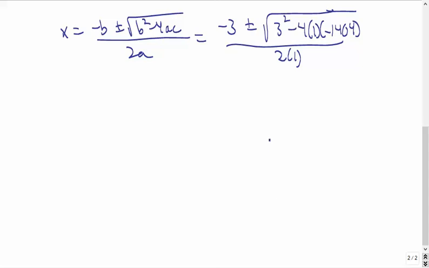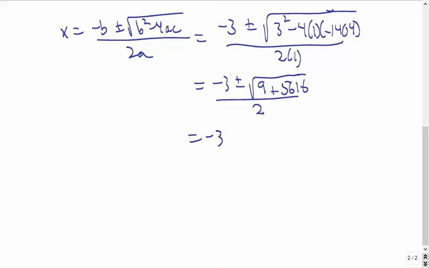And so we have that x is equal to negative 3 plus or minus the square root of 9. Here I have a negative times a negative, which is going to be a positive. 4 times 1,404, it turns out, is 5,616. All that over 2 times 1, which is 2. That's negative 3 plus or minus the square root of 9 plus 5,616, which is 5,625.